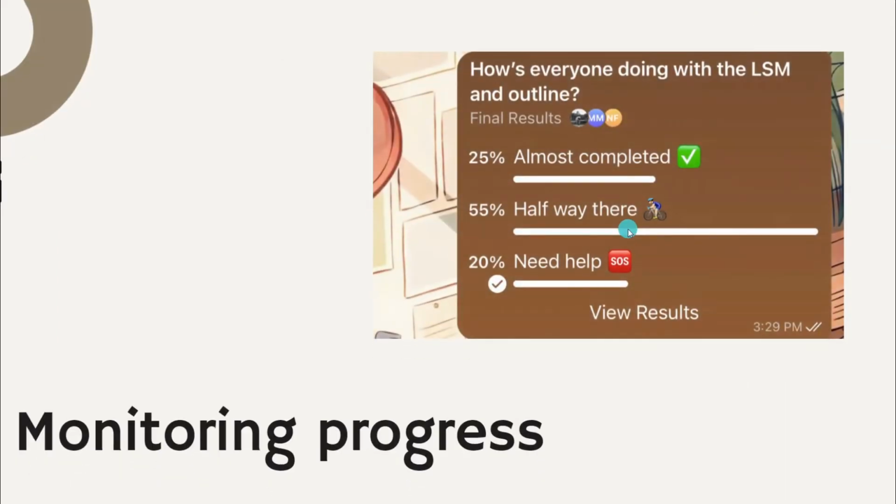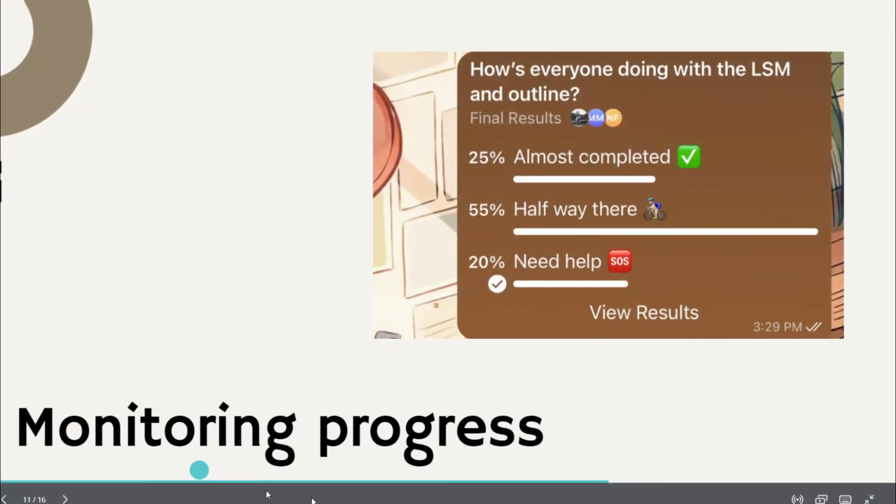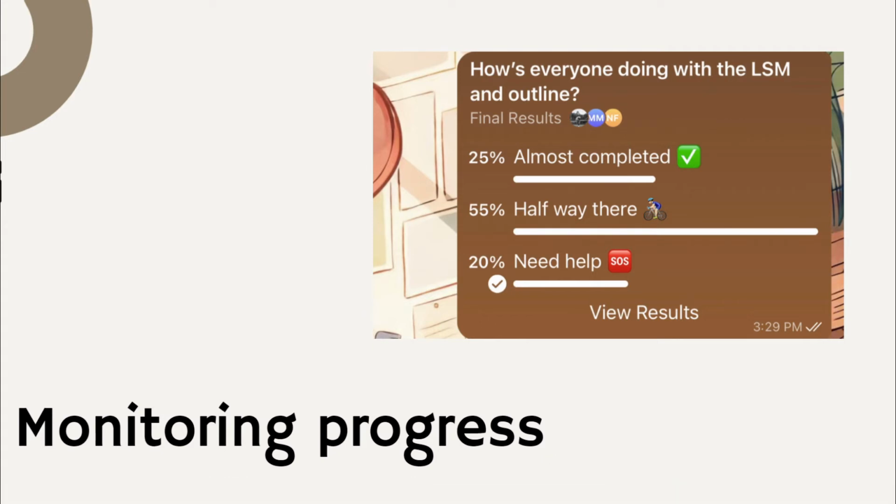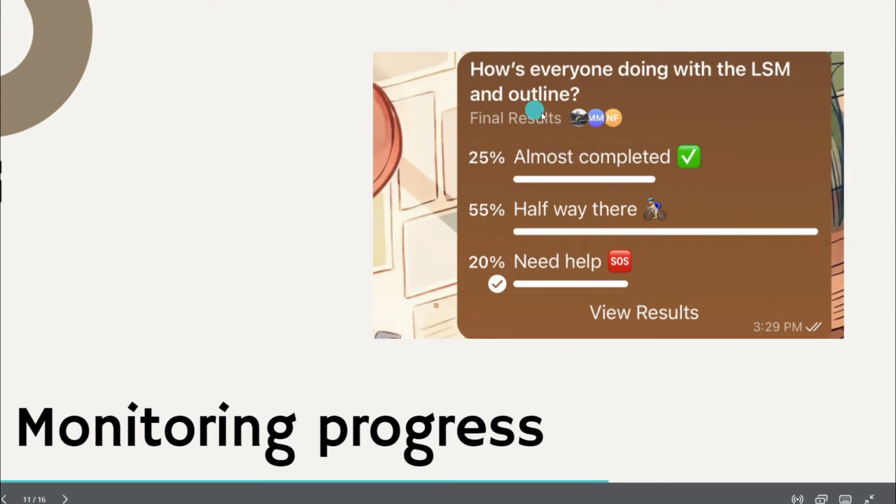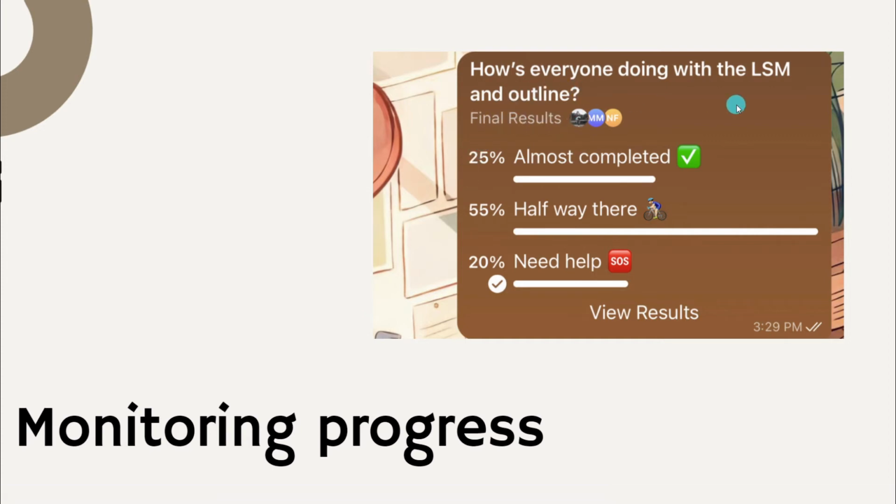The second function that you can use for poll is you can monitor their progress, because we give them assignments, right? And sometimes we just leave it for them to do, complete and submit. But let's use the poll feature to ask how they are doing, and whether they need help.